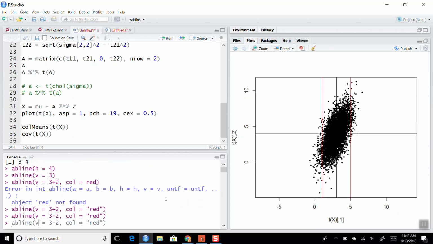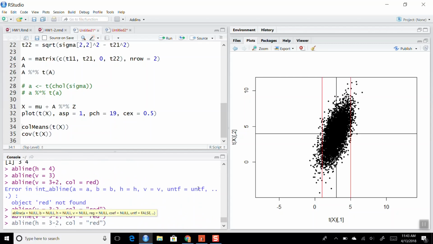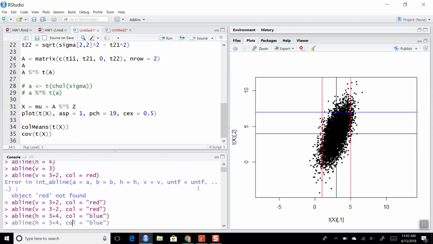And then if we go horizontally, because our sigma is 4, each standard deviation is 2, so I need to go up 4, and down 4.